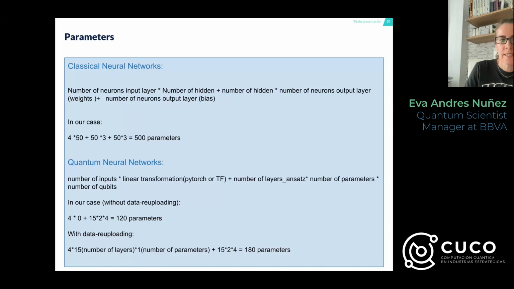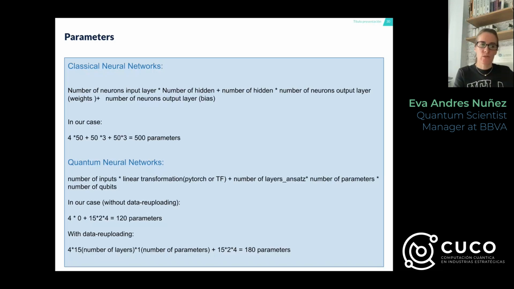And also don't forget the biases, multiplying by 3 also, because we have weights and biases. So in total, we have 500 parameters.